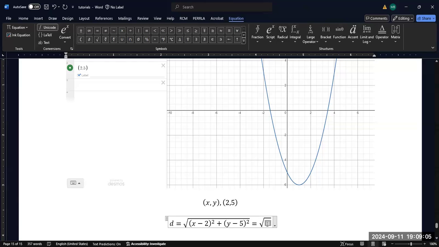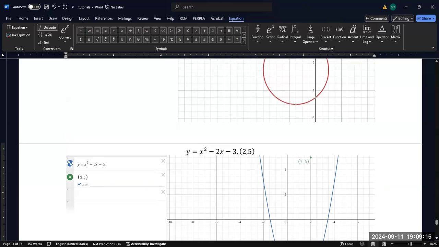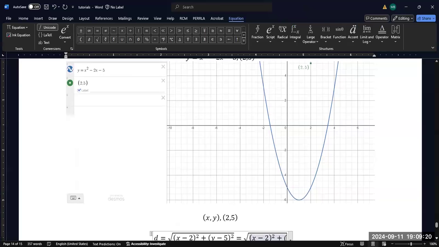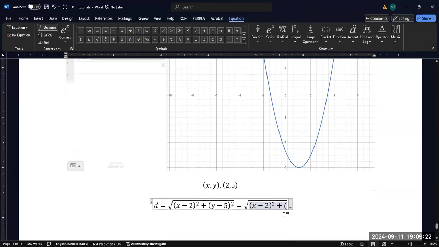And so we're going to replace y in our expression with the x coordinate. The function that we're using for this example is x squared minus 2x minus 3. And so that's going to go in this expression down here, (x squared minus 2x minus 3 minus 5) squared.